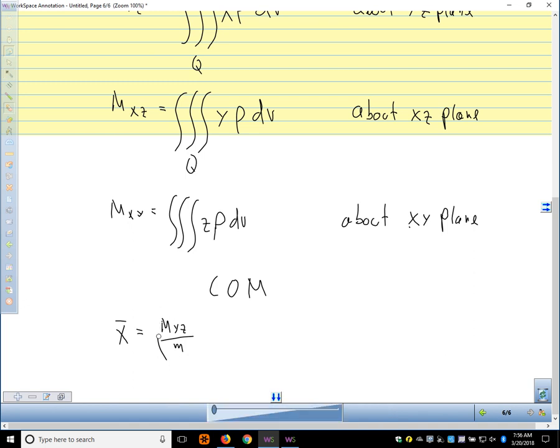Y bar is going to be M sub xz over the mass. And z bar is going to be M sub xy over the mass. So we can find the center of mass now of some solid region.